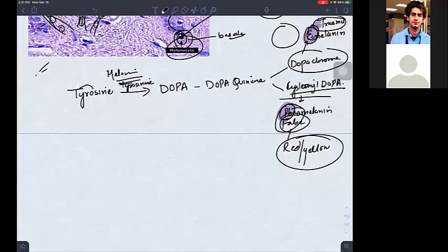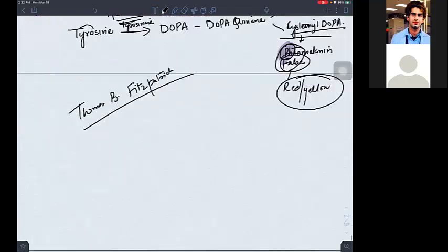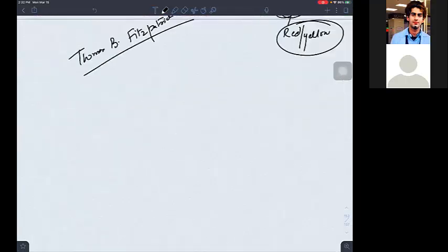There was a scientist who is actually the father of dermatology. His name is Thomas B. Fitzpatrick. Thomas B. Fitzpatrick gave a classification of skin. I want to teach you here, integrated.